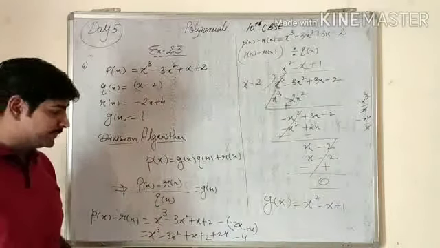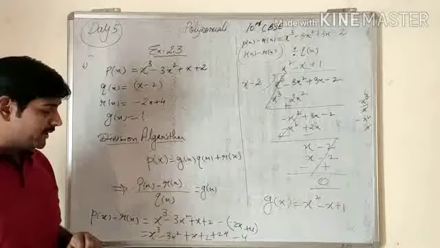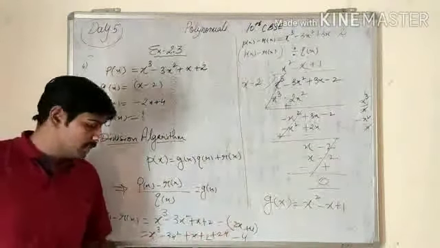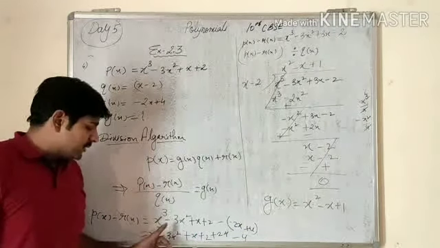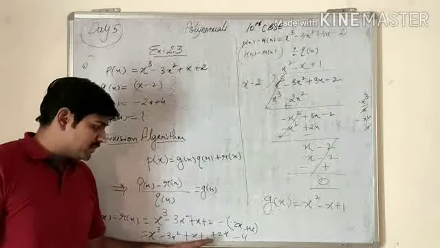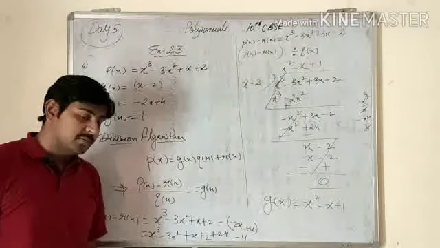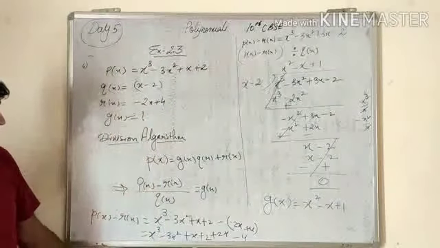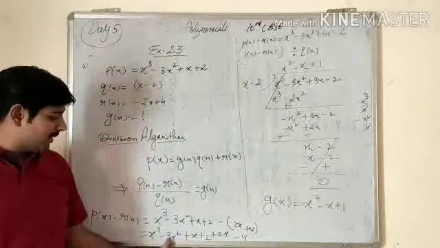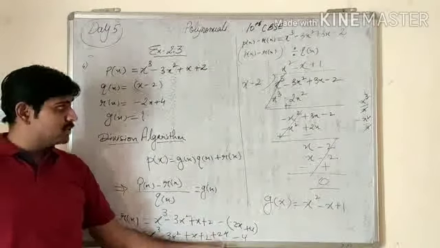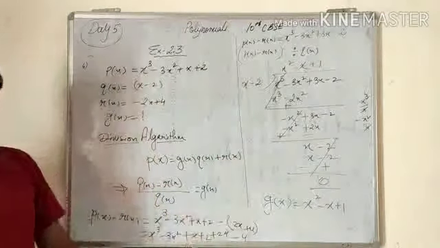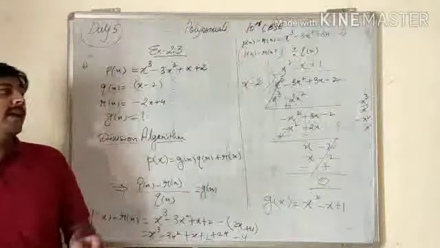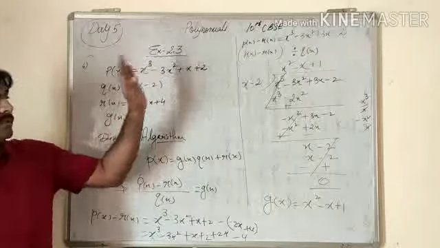This q(x) and g(x) we are finding. p(x) minus r(x) we can find out after subtraction. X cube minus 3x square plus x plus 2 and minus 2x plus 4. Minus plus 2x and minus 4. Now x cube minus 3x square, x plus 2x is 3x, and positive 2 and negative 4 is minus 2. So finally we got p(x) minus r(x) equals this.